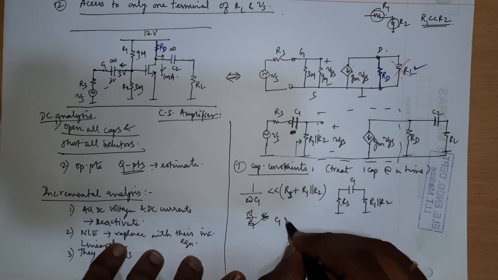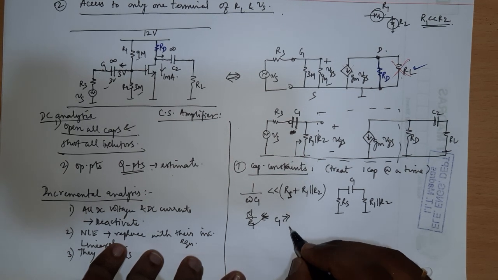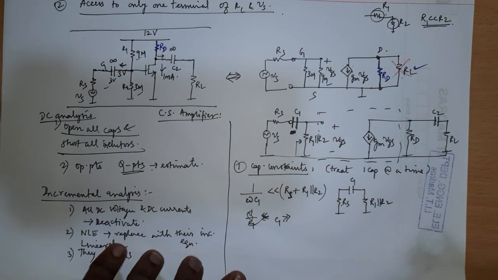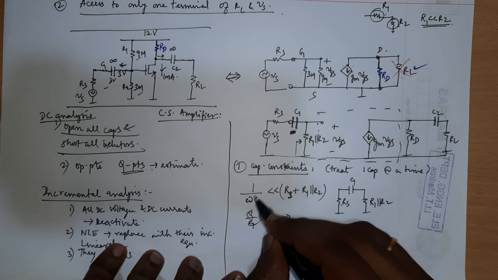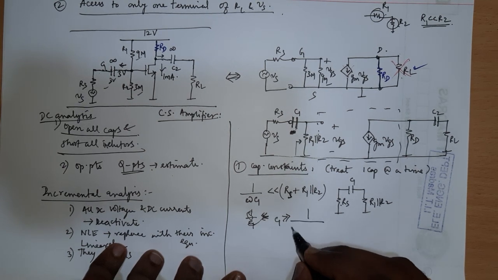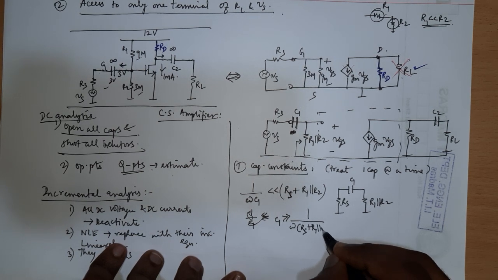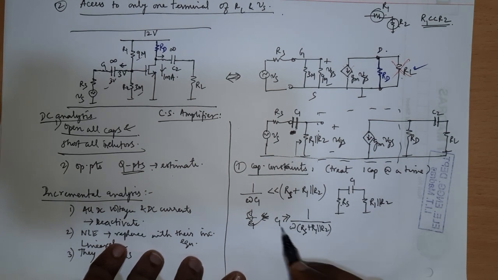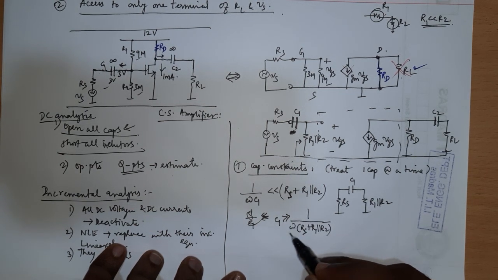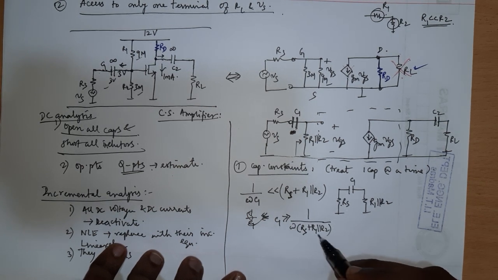C1 should be much larger than, that's why we said capacitor is a large capacitor or infinite capacitor, but it's not like an infinite value. My C1 constraint is that C1 should be much larger than 1 by omega times RS plus R1 parallel R2. First of all I should know my operating frequency, and when I know it, I can determine my C1 if R1, R2 and RS are known.